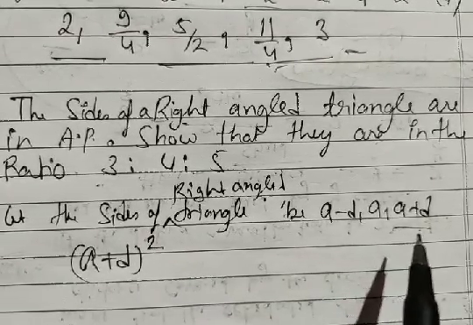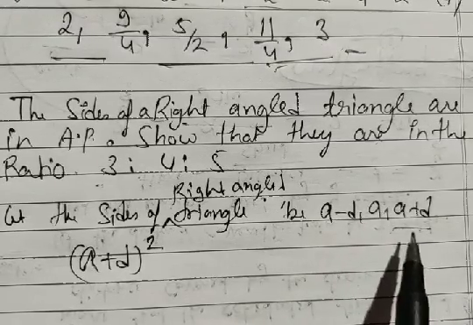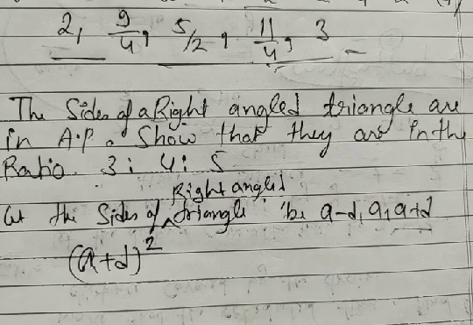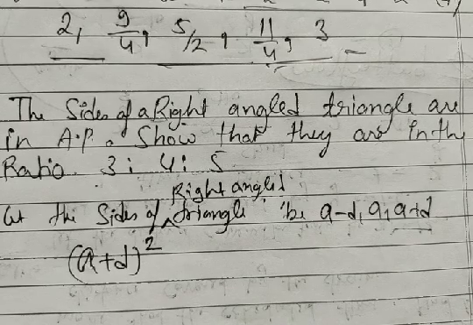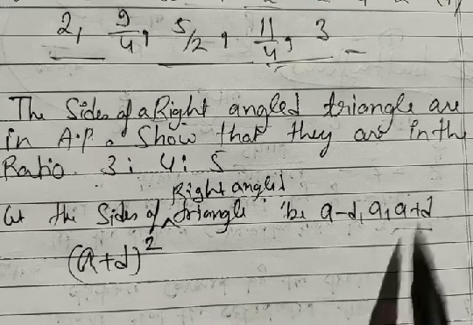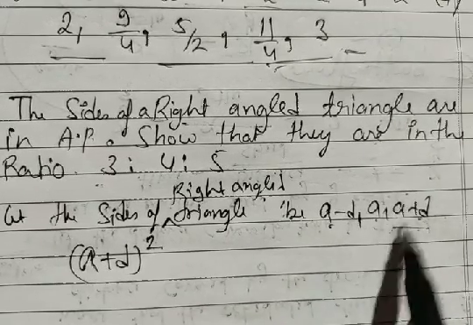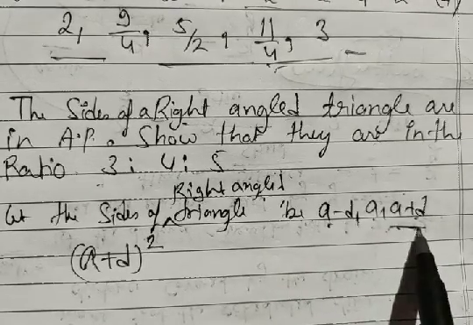One question you may have is how we know that a plus d is our hypotenuse. One of the theorems you have read about triangles is that in a right angle triangle, the hypotenuse is the longest side. Obviously among a minus d, a and a plus d, you can easily calculate which one is the longest. Obviously a plus d is the largest side.